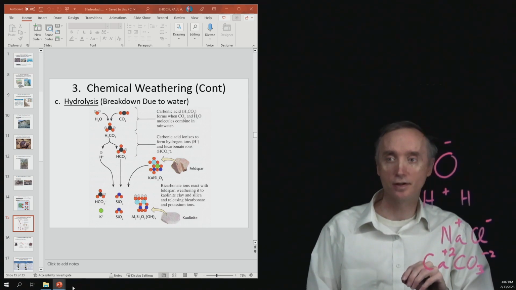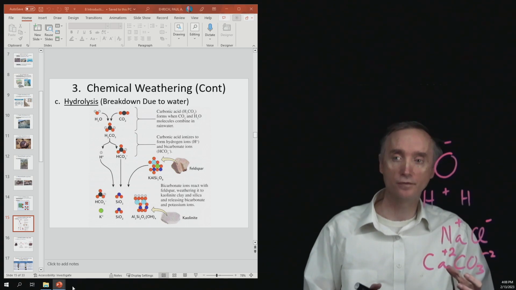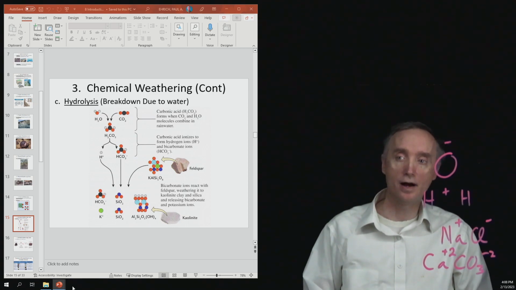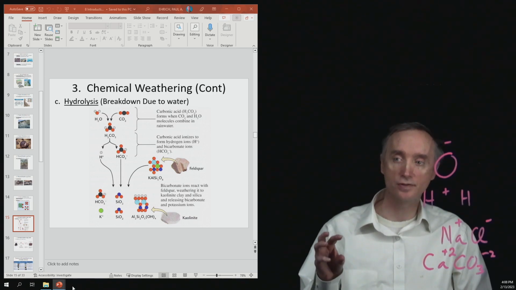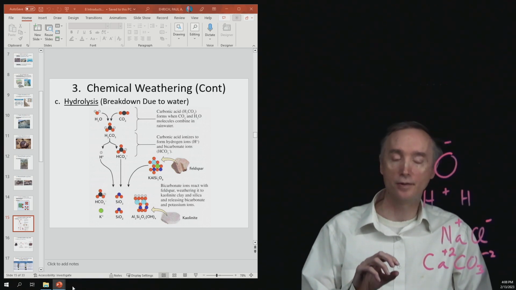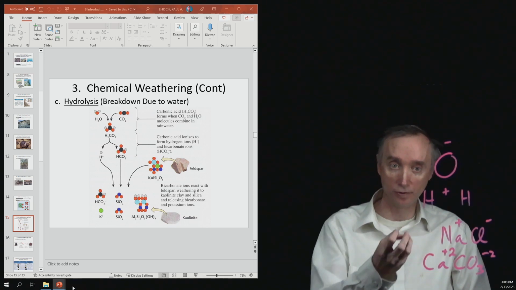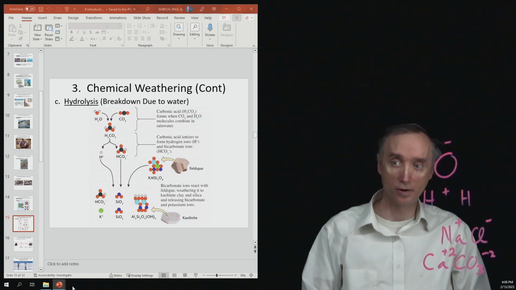The acid is going to react with feldspar, and you can see that it pulls it apart, and what you're left with is the bicarbonate ions, the HCO3 negatives. You're also going to have silica, quartz, pulled out of the feldspar.